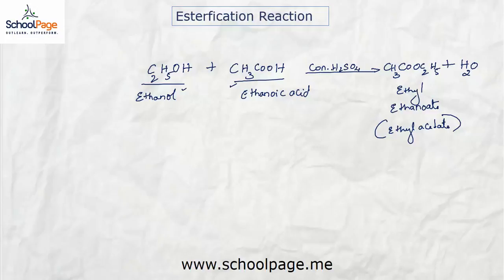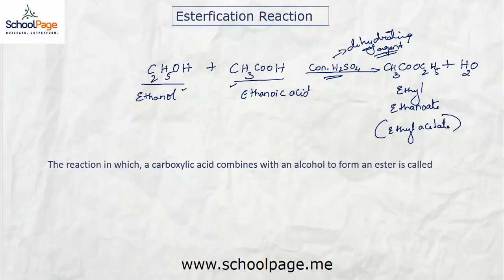As you can see, we are using concentrated H2SO4, which acts as a dehydrating agent which removes all the water which is formed during the reaction. So this reaction, in which a carboxylic acid combines with an alcohol to form an ester, is called esterification reaction.